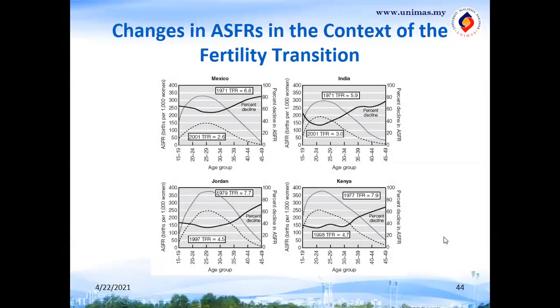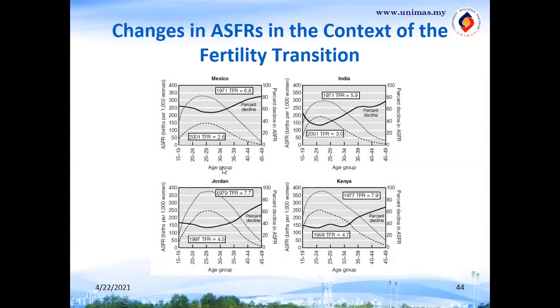Okay. The next slide is with regard to the changes in the age-specific fertility rates in the context of fertility transition. I'm looking at the transition in terms of the fertility rates.